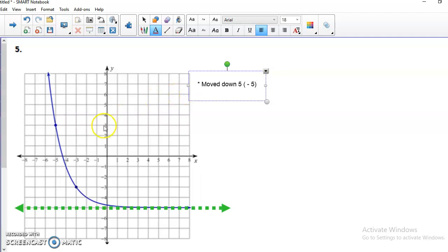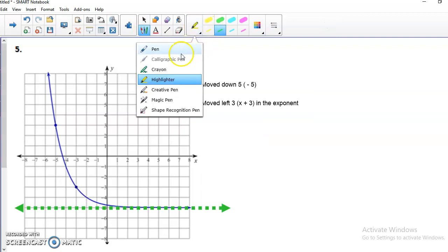The other thing I can see is that I moved over 1, 2, 3 from the y-axis. So my initial starting value moved left 3, which in my equation will be represented by x plus 3 in the exponent. So just some things to keep in mind.